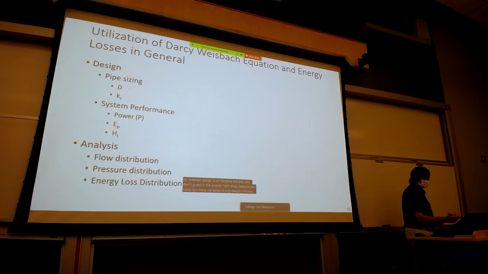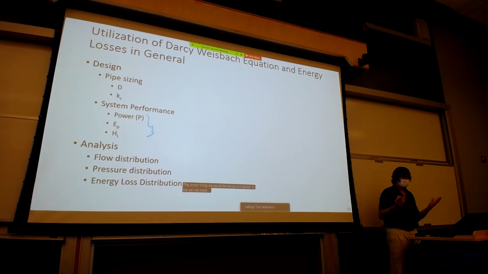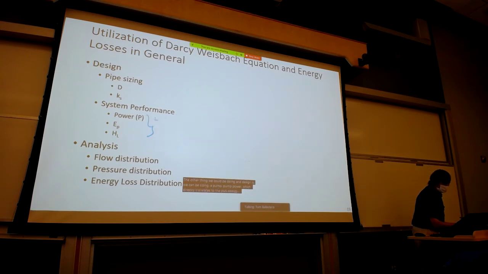The other thing we could be doing in design is sizing a pump for the pump power, which directly translates to the pump energy. Remember, power is equal to the flow times the specific weight times EP over a conversion factor.